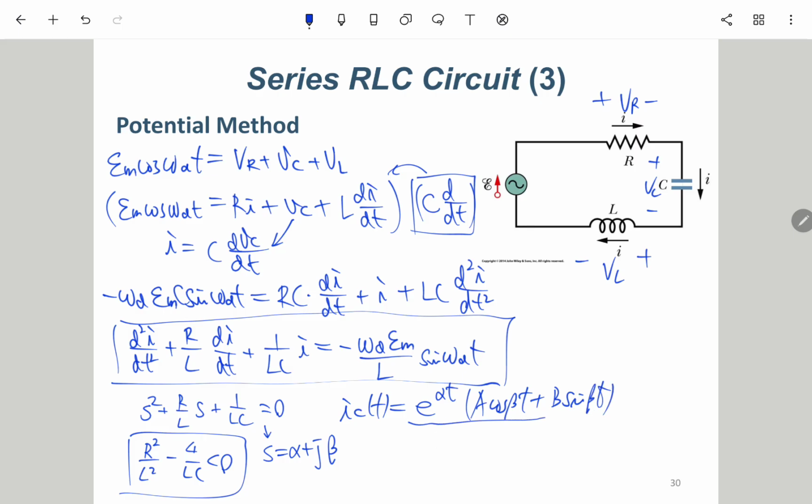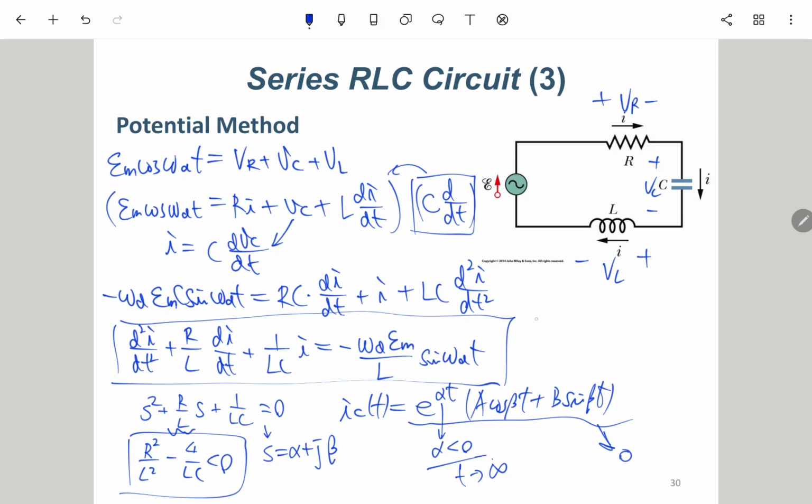So this will be the complementary solution. Actually, this alpha will be less than 0, because this is positive. So when t goes to infinity, this thing will tend to 0. So for the steady state, we just ignore this part.